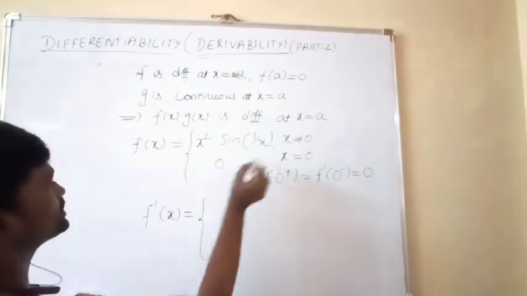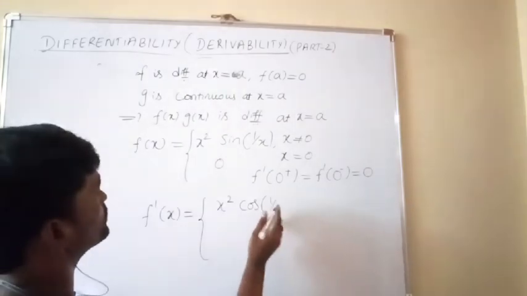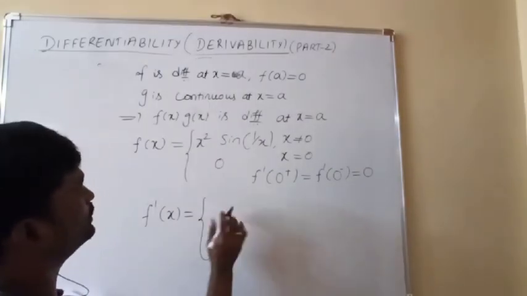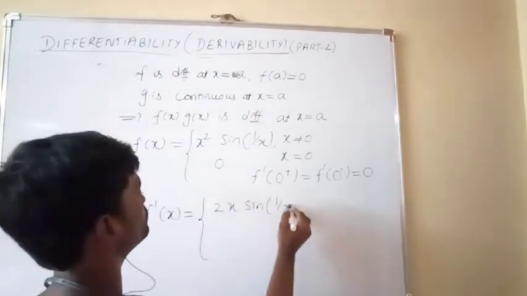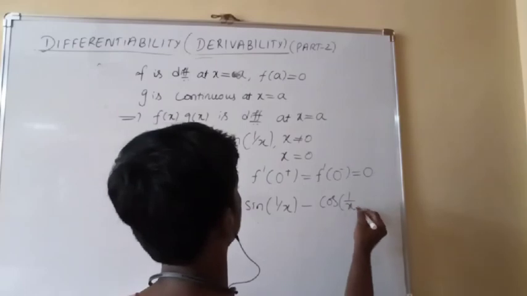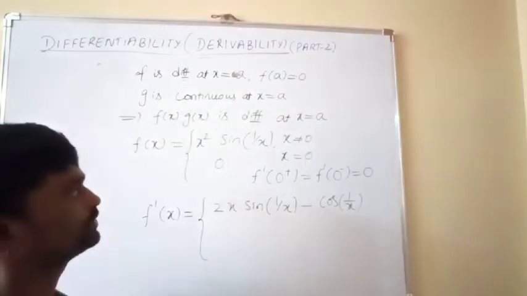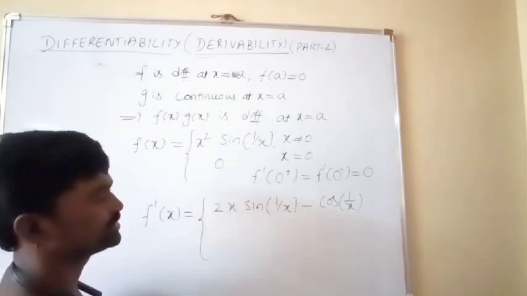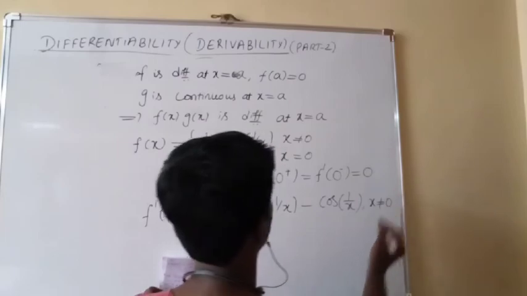If you differentiate x square into sine 1 by x, you will get 2x into sine 1 by x minus cos 1 by x, because the derivative of sine 1 by x is cos 1 by x into minus 1 by x square, when x is not equal to 0. And f dash of 0 is what?